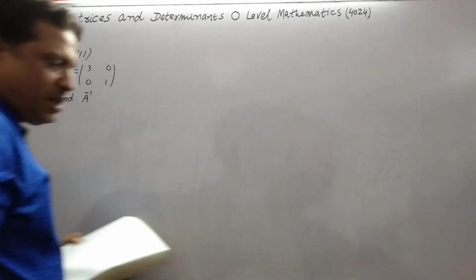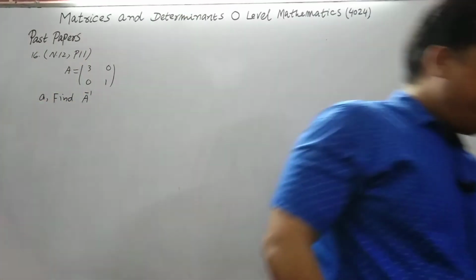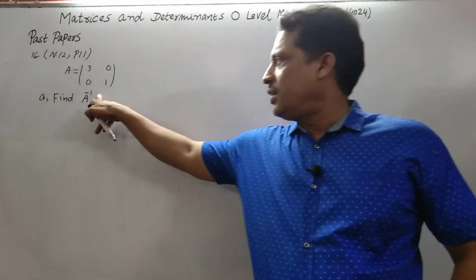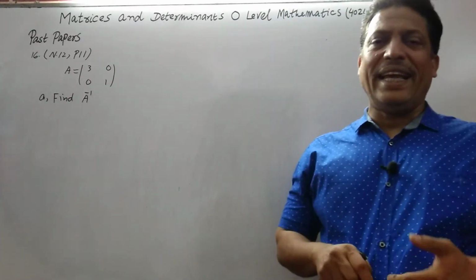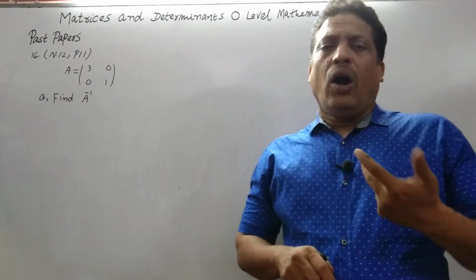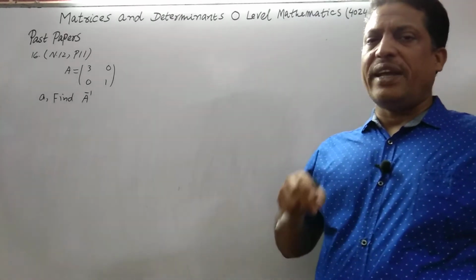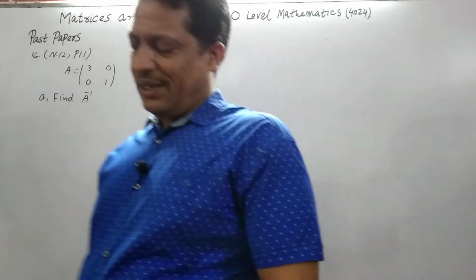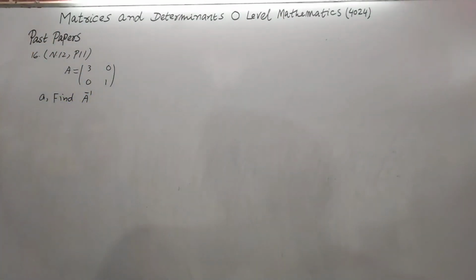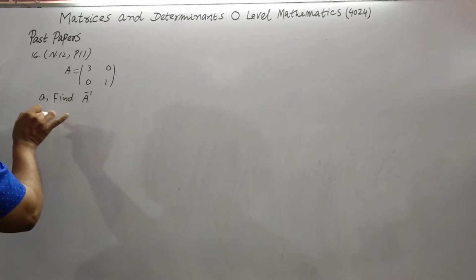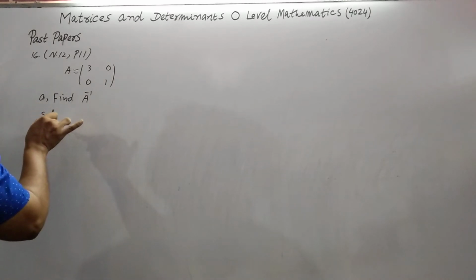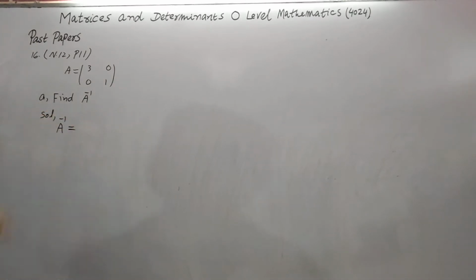A inverse. Whenever you see minus 1 power, you always call it inverse of A or inverse of B, whatever the letter to the power minus 1, you always call inverse. So here we call it A inverse. Students, first we have to write the formula of A inverse.